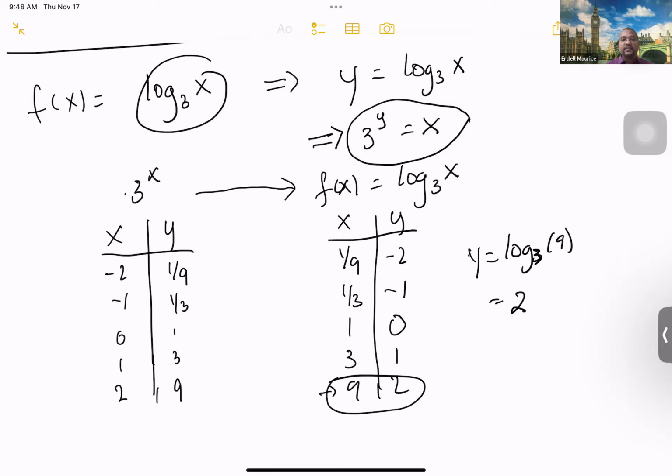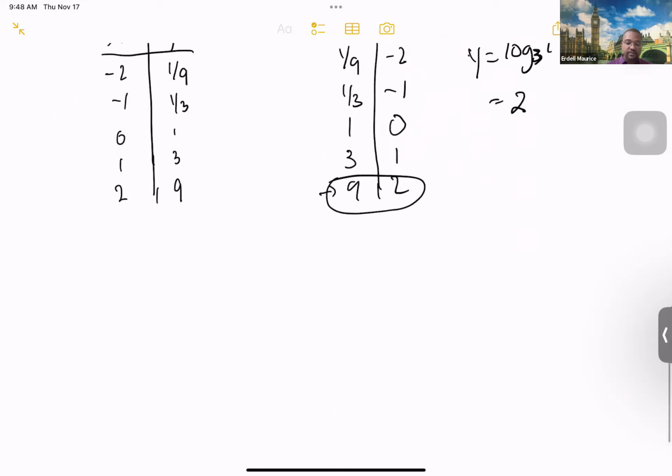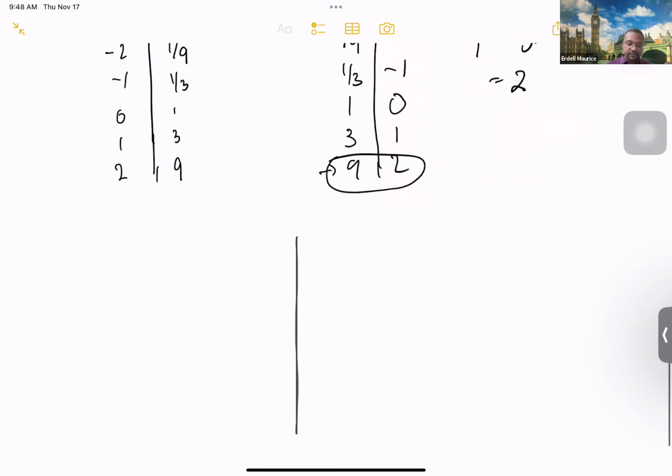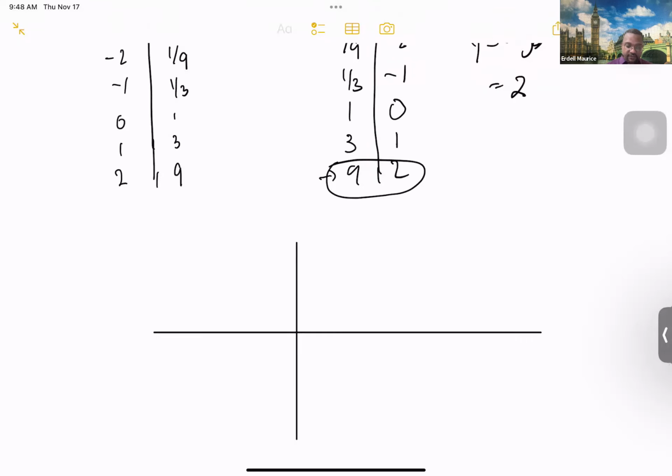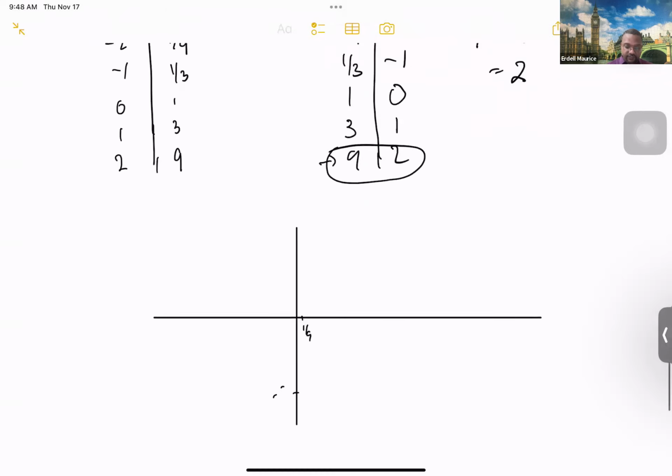And with that, that will allow me to graph my log function. So I'm plotting points. At 1/9, the graph is -2. At 1/3, the graph is -1.